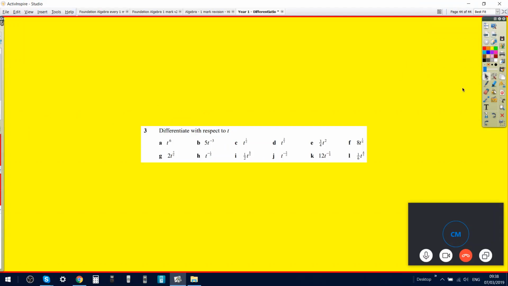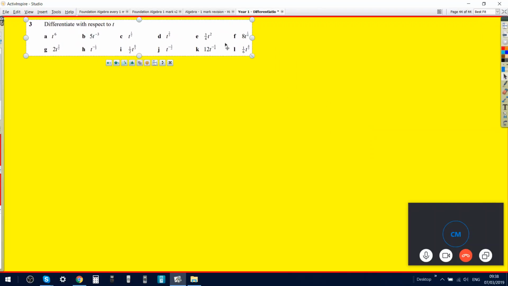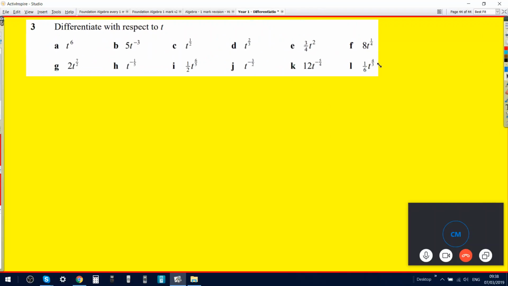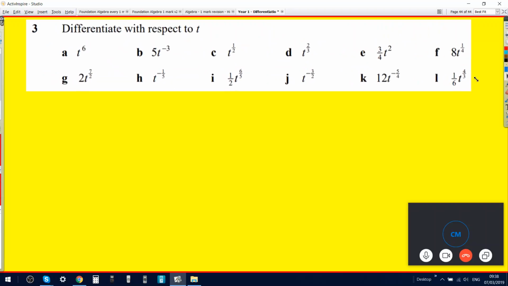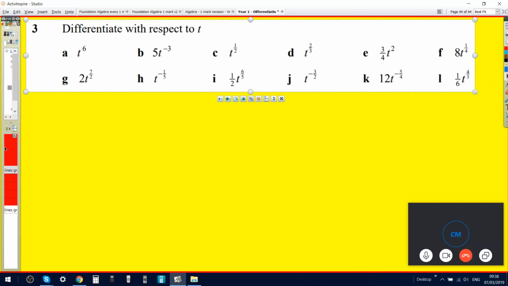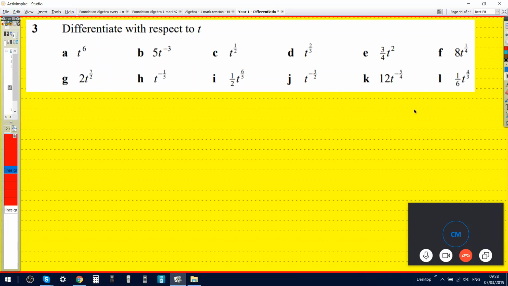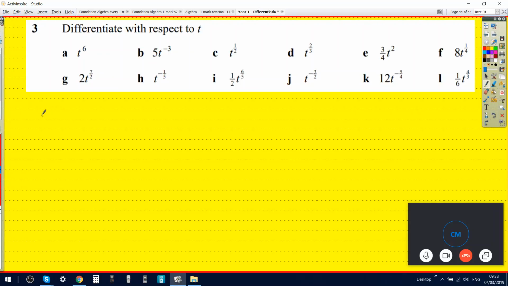Is it? Okay, this one, fractions and a different letter. What would be part C? Half t to the power, would have been minus 1.5.